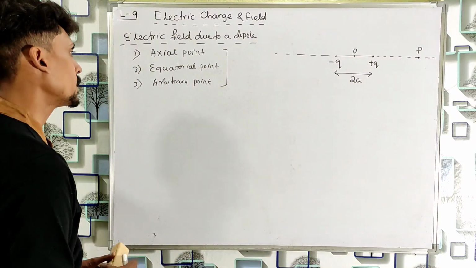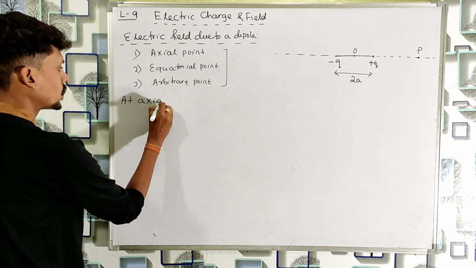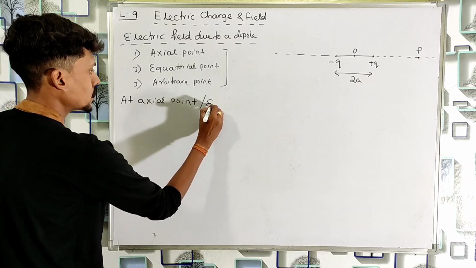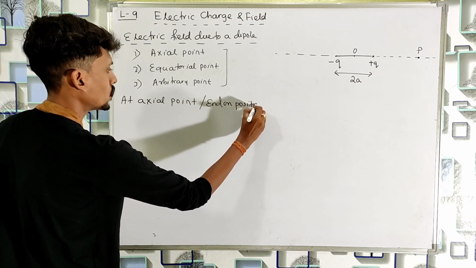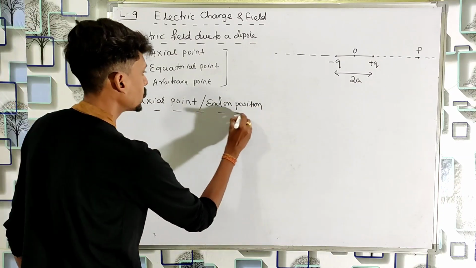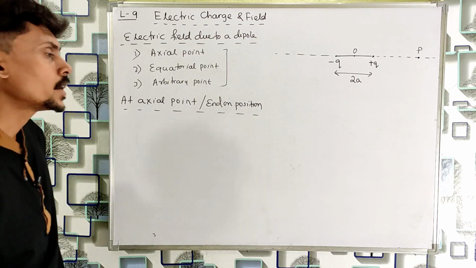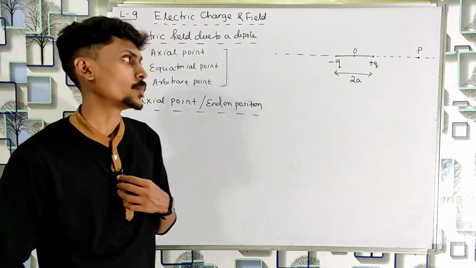So we have to find the electric field at the axial point. This axial point is also known as the end-on position. So let us find the expression for the electric field intensity due to this dipole at an axial point.